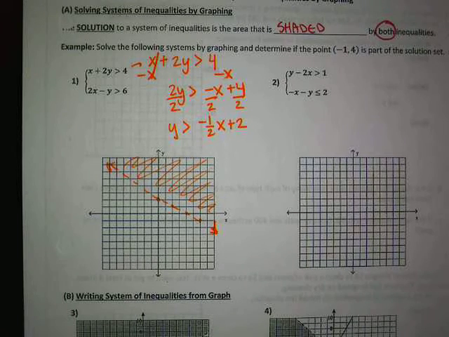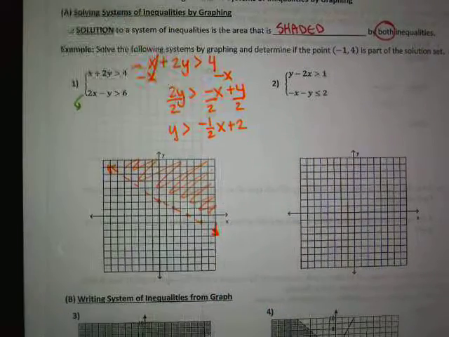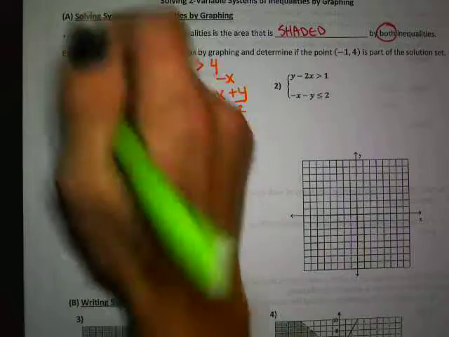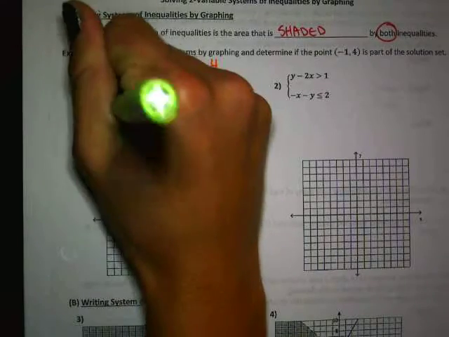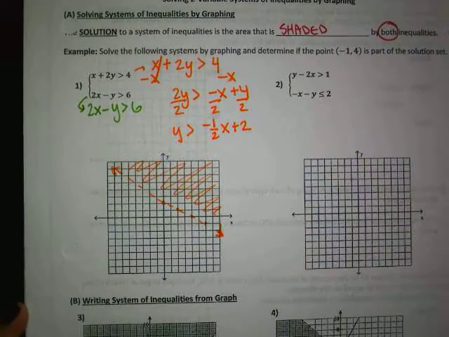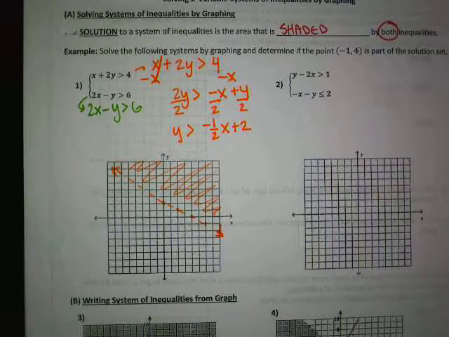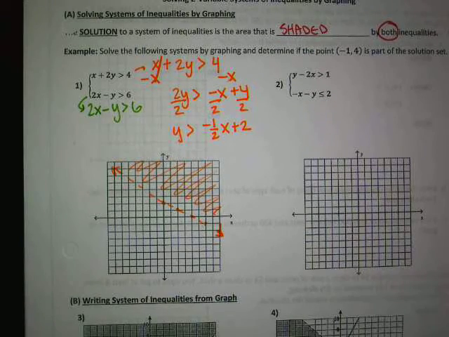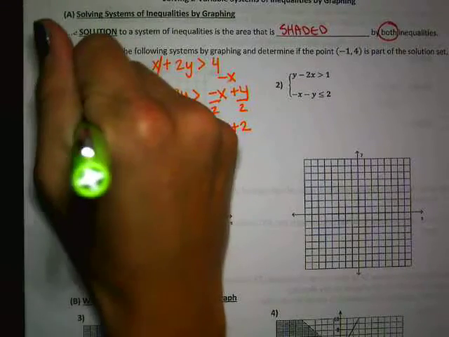Okay. Get your other color out. And now we're going to do the other one. 2x minus y is greater than 6. Subtract 2x. Still trying to get y by itself.